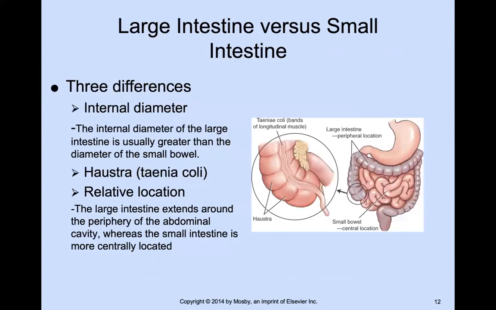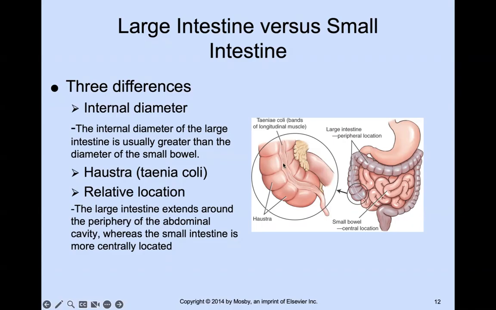Let's see here. So we have, very important to remember, along the large intestine, these pouches, right? They're called haustra. The pouches are called haustra, okay? And they're formed by these long bands of muscle called the taeniae coli.